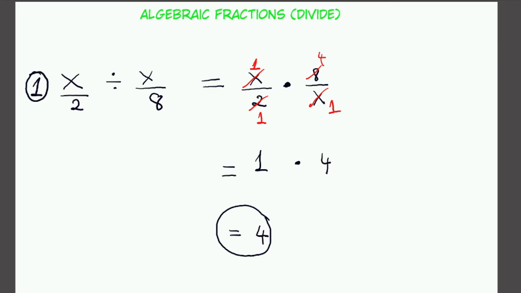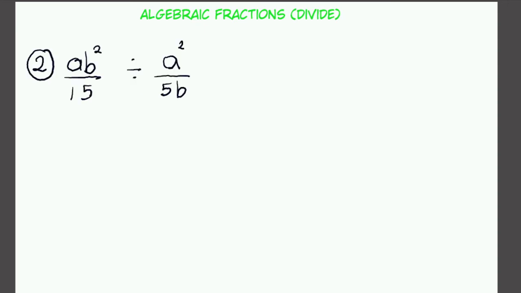Let's look at another example. In this example, we have ab squared over 15 divided by a squared over 5b. Now, before we begin, we can see that in this example, we are working with exponents. But before we even touch anything at all, canceling, factoring, the very first thing we're going to do is invert the second fraction and change the division sign to multiplication.